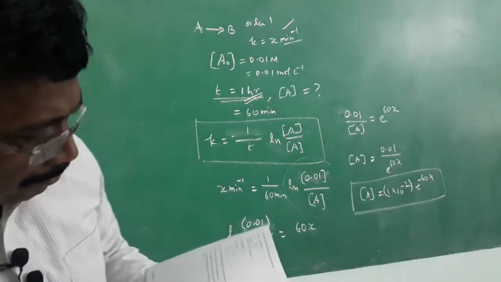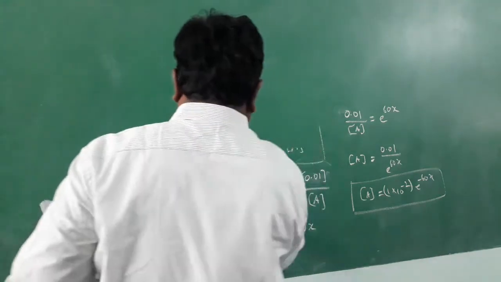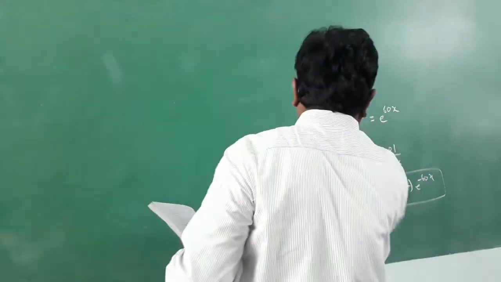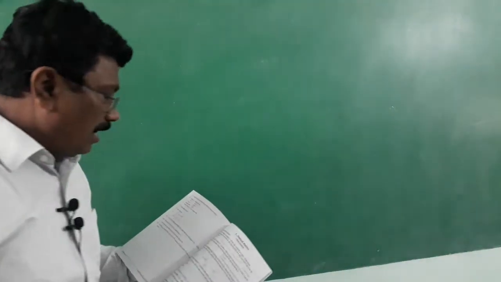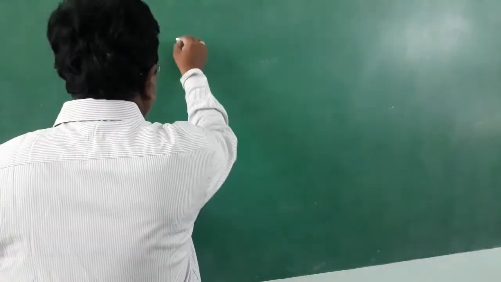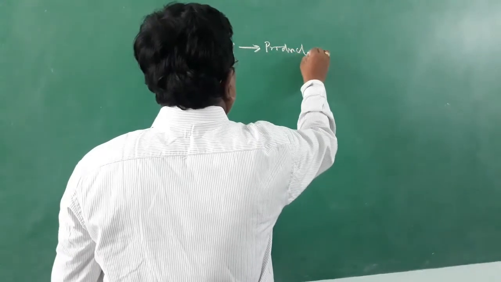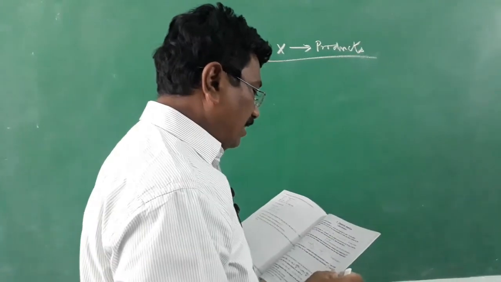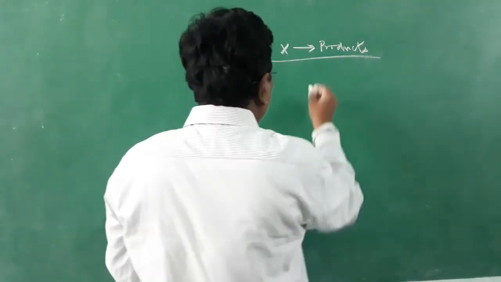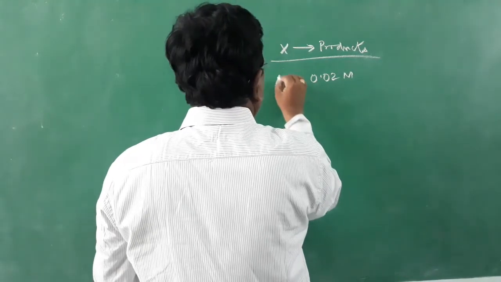All right. Then let me go into the second question. A zero order reaction, X gives products. It is said to be a zero order reaction with an initial concentration of 0.02 molar, that is mole per liter.